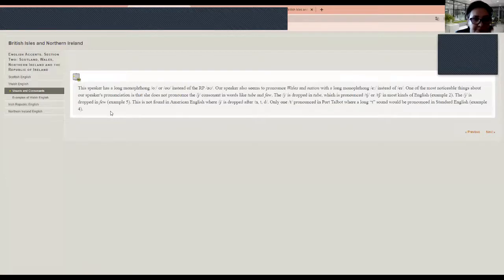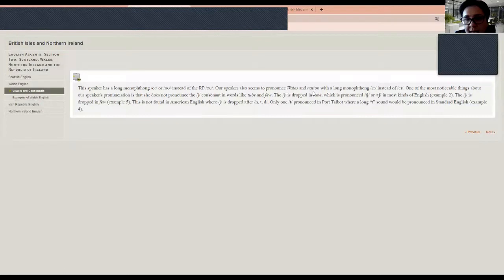For example, they use a long monophthong O instead of the diphthong, so we pronounce Wales one way, and they pronounce it another way.